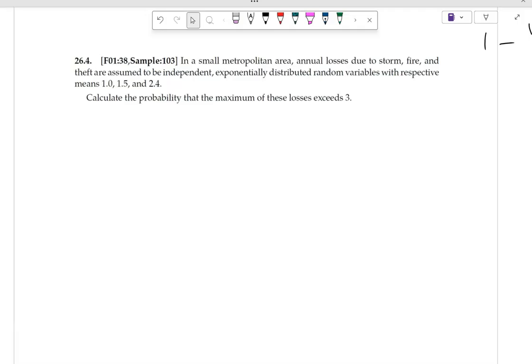So again, this one actually tells us we have independent. But if you see random sample, that also means independent. Okay?